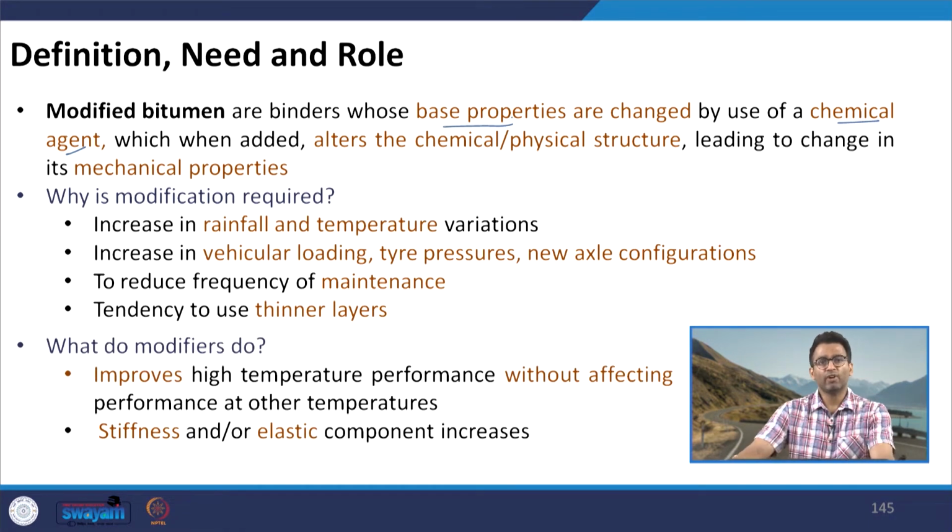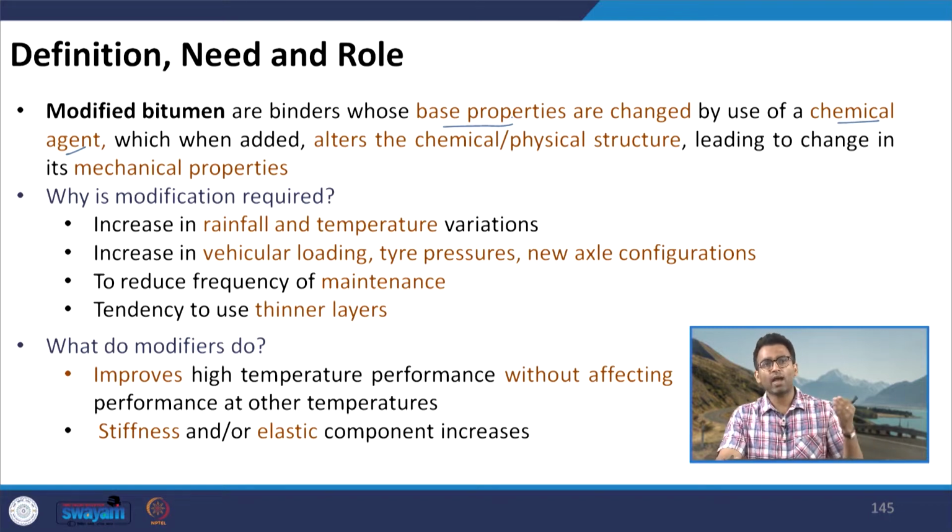So, what do these modifiers actually do? These modifiers have a tendency to improve the high temperature performance without affecting performance at other temperatures. This is the normal tendency. What happens at higher temperature or when the time of loading is very high? Bitumen tends to deform, and these deformations may be unrecoverable.